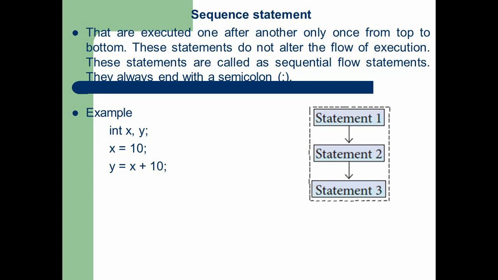Of course, we already discussed the sequence statement, where all the statements are executed from statement 1 to statement 3. There was no skipping. Each and every statement was terminated by a semicolon. Here you can see the statements are executed one after another, only once, from top to bottom.